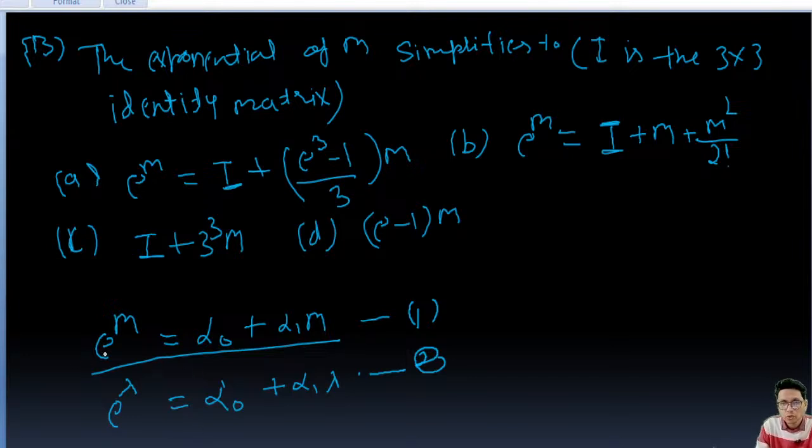Because it's a 3 by 3 matrix, but we are using this because there is a degeneracy in the eigenvalues. Two values are the same, that is 0, 0. For lambda equal to 0, since we have already solved the eigenvalues 0, 0 and 3, we put e to the power lambda equal to alpha 0 plus alpha 1 lambda.